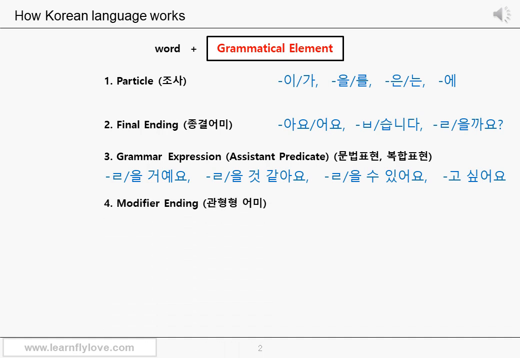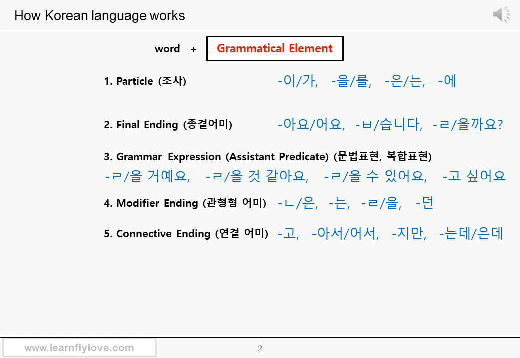Next, modifier endings, which is called 관형형 어미. Do you remember the endings 은, 는, and 을? They are not particles, but they are endings when they are used as an ending. You use them to turn the predicate into a modifier form. 던 is also one of them. Next, connective endings, which is called 연결어미, like 고, 아서, 어서, 지만, 는데, 은데.